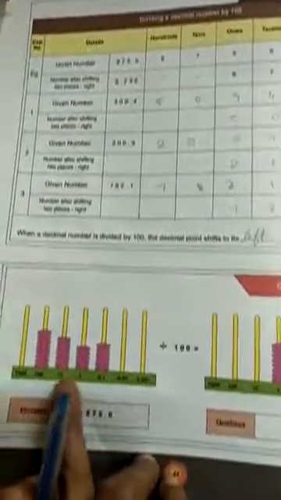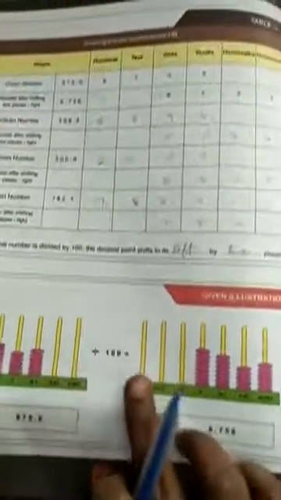Dear children, this is your illustration picture. Before, we arrange like this, then after divided by 100, move towards right, so it gets the value like this. This is your answer.